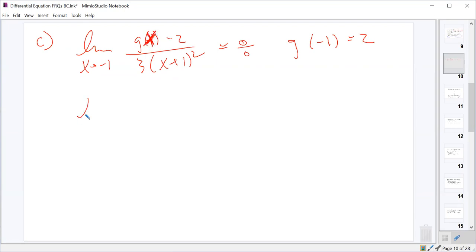So that's going to give us the limit as x approaches -1 of g prime of x over the denominator's derivative, which ought to be 6 times x plus 1.